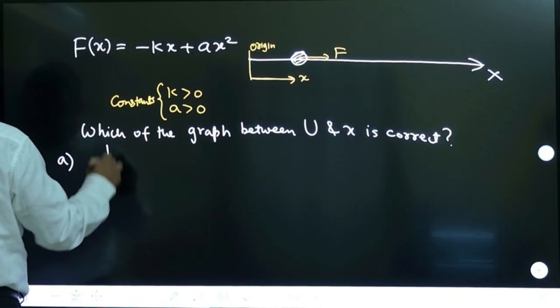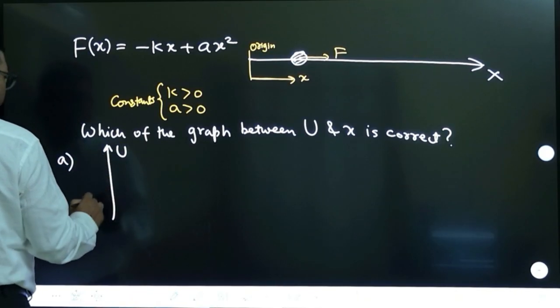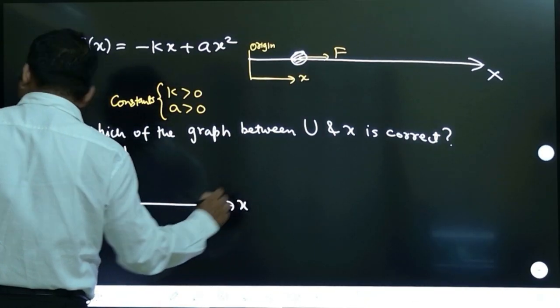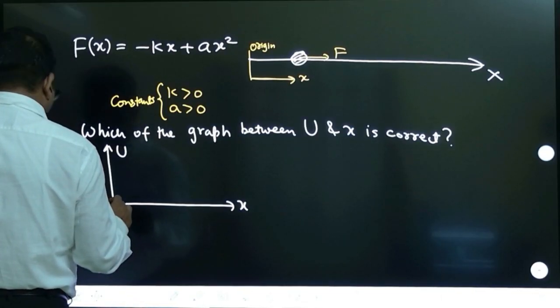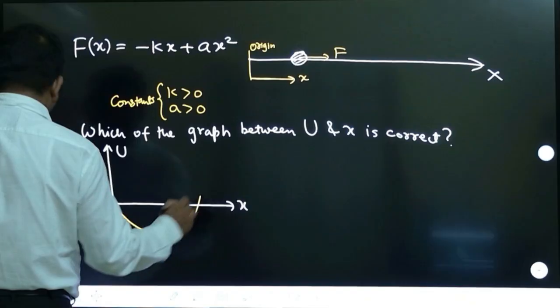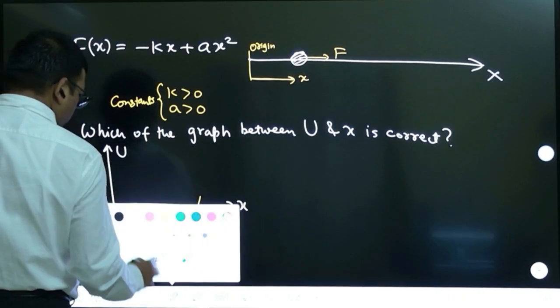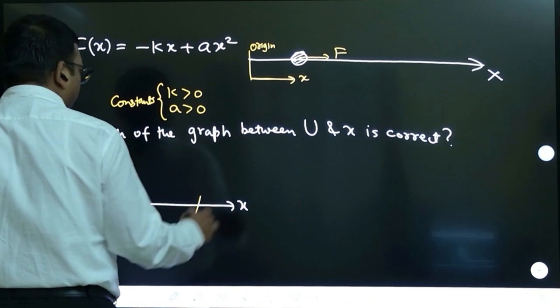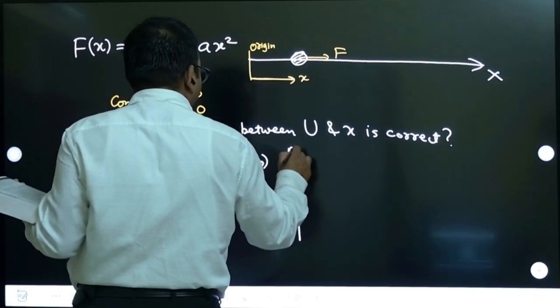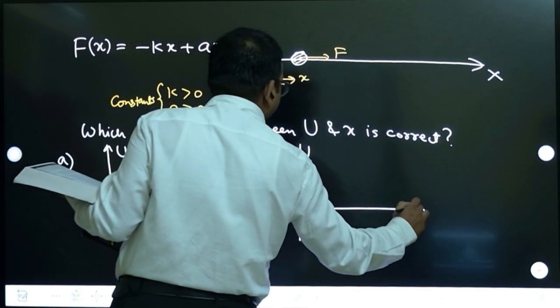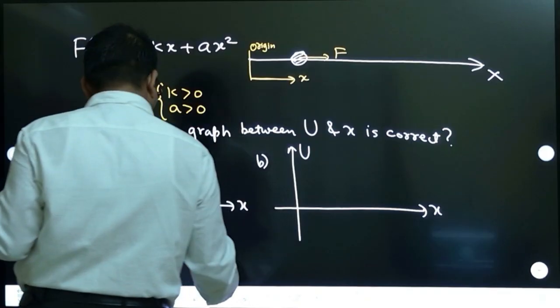First graph, potential energy versus x is like this. Second graph, potential energy versus x.